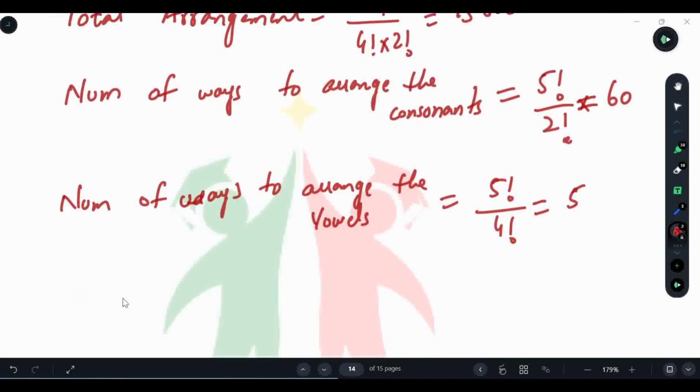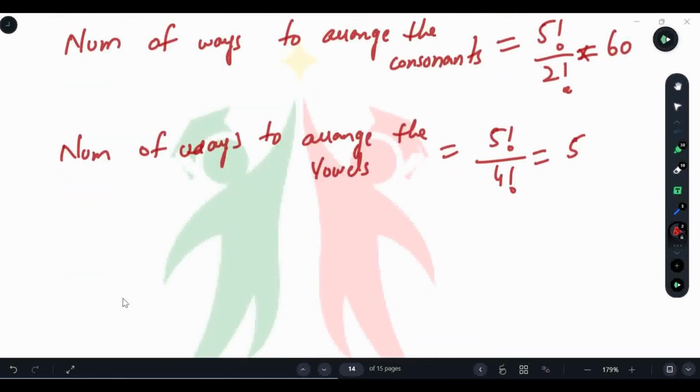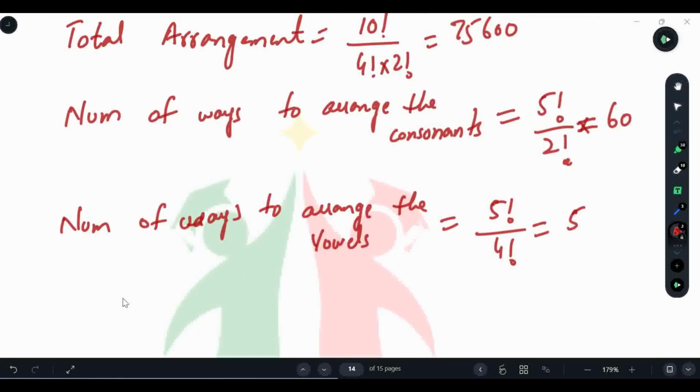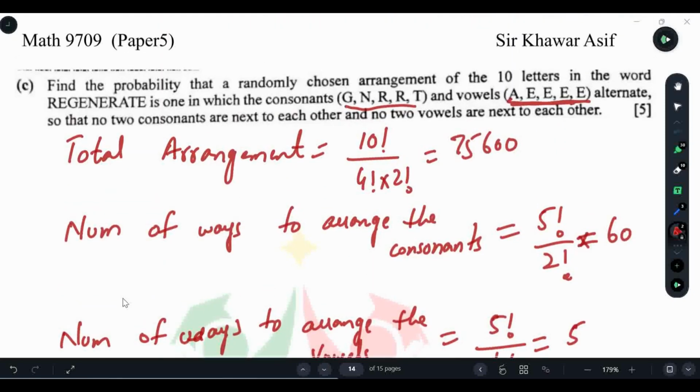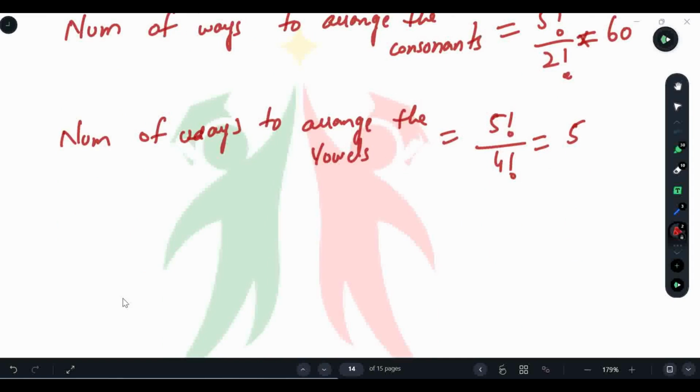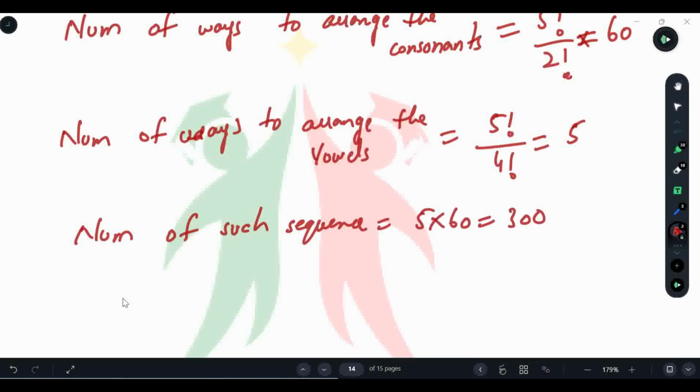Now the number of such sequences, which follow the condition, will be 5 multiplied by 60, so this will be equal to 300.